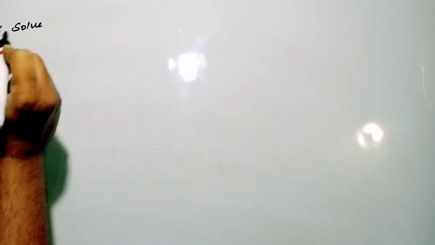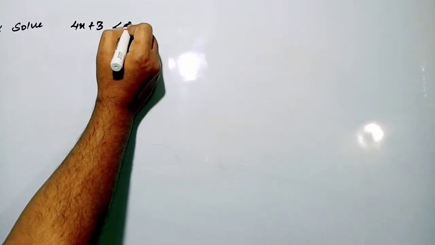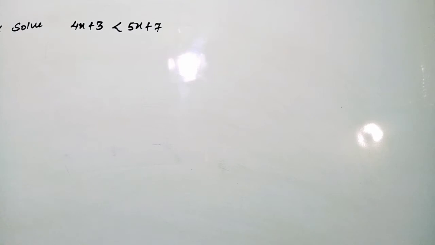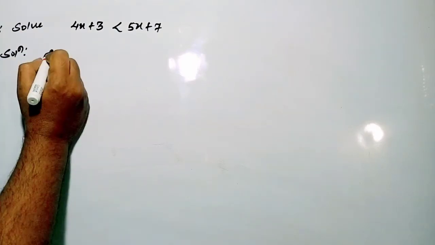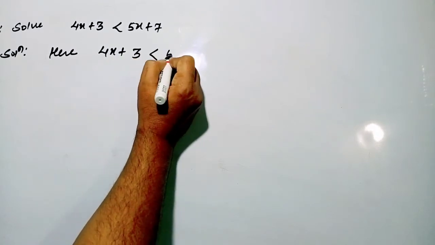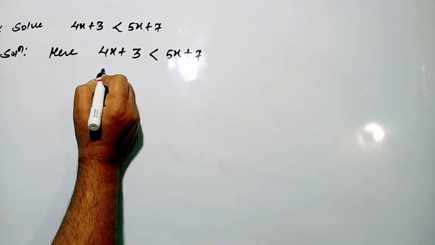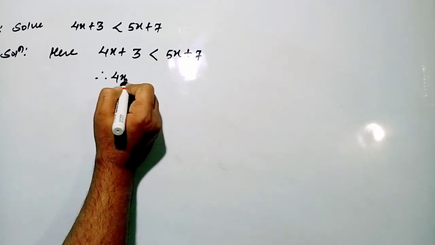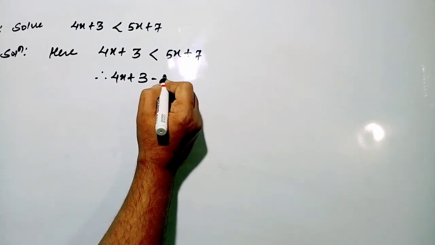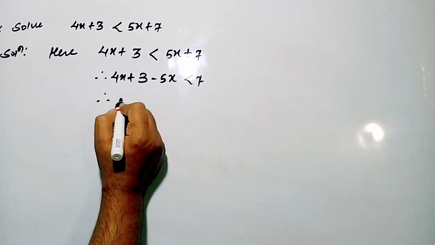Now the next one: we have to solve 4x + 3 < 5x + 7. So here it has been given that 4x + 3 < 5x + 7. Separating the variable on one side, like terms, 4x minus 5x < 7 minus 3.